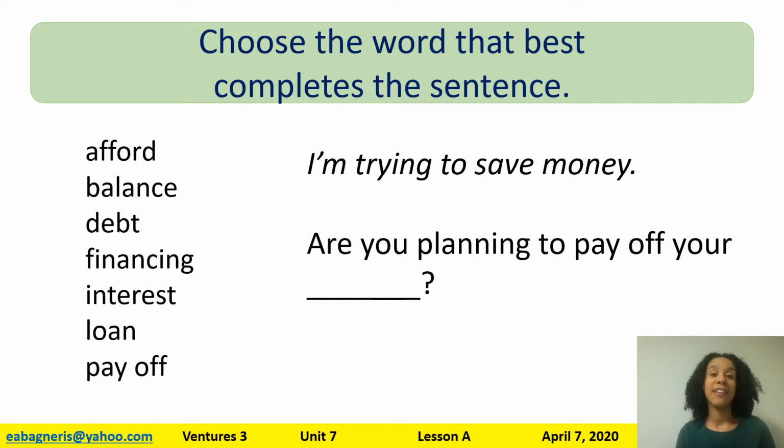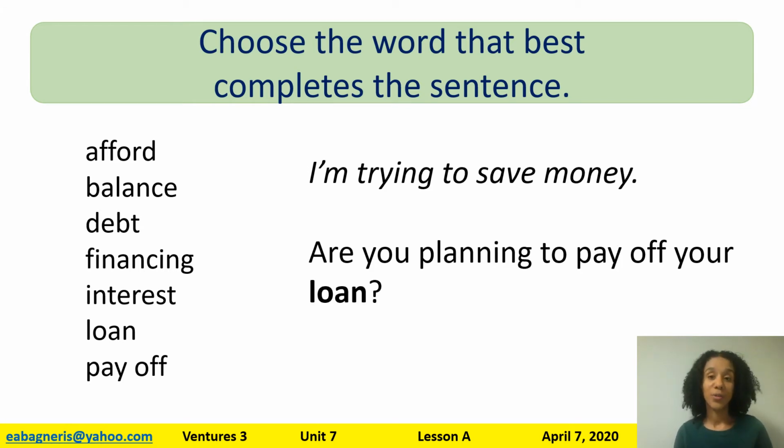I'm trying to save money. Are you planning to pay off your. What answer do you think goes in that blank? What is something you would have to pay off?